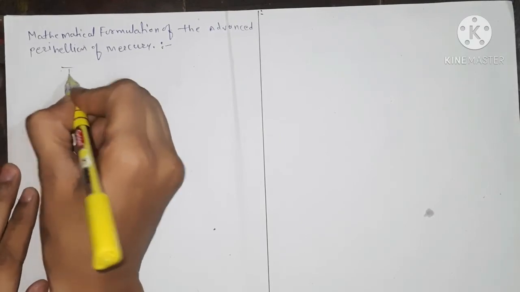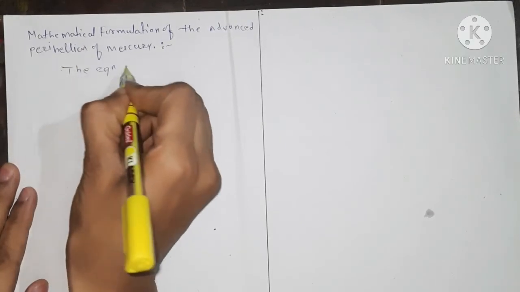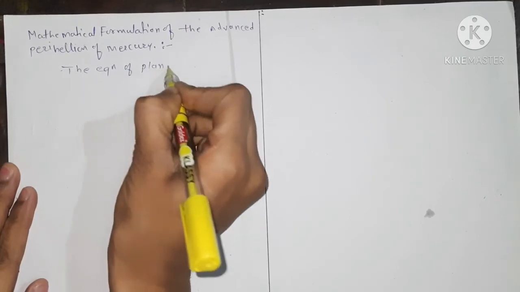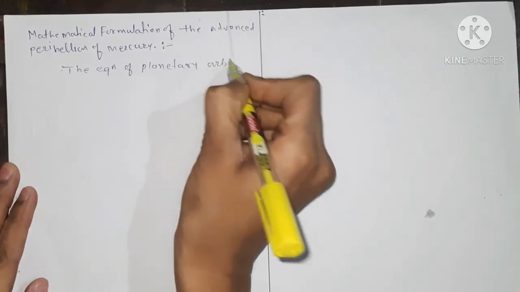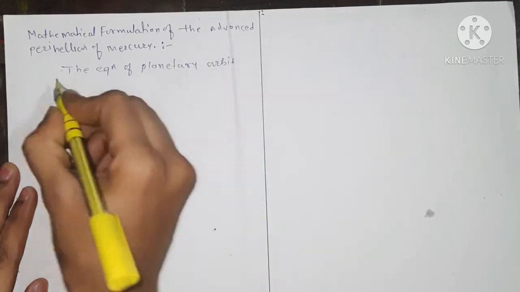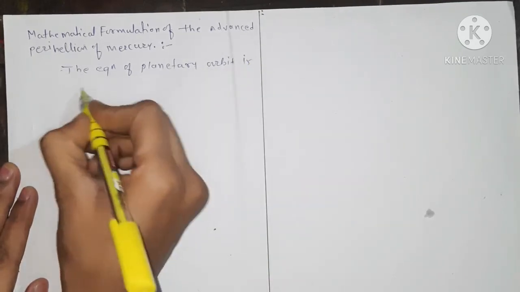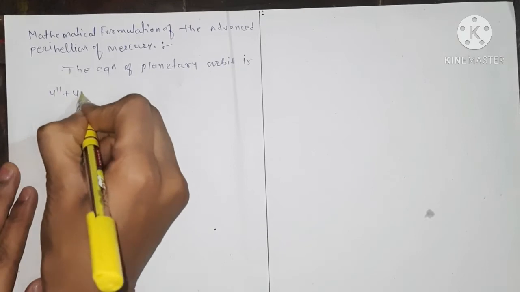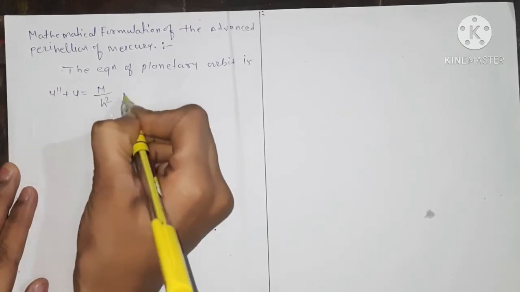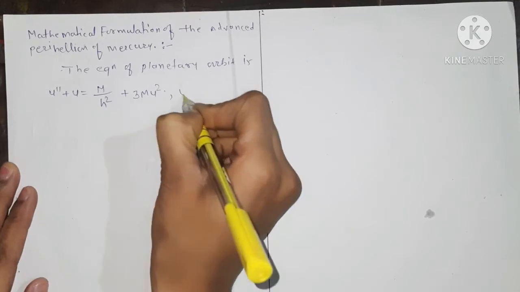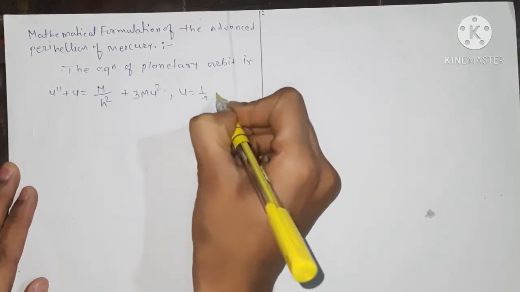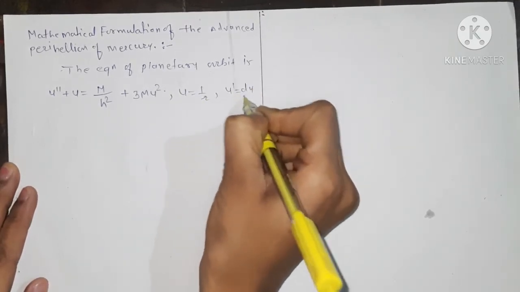So we consider firstly the equation of planetary orbit. The equation of planetary orbit is u double dash plus u equals m upon h square plus 3mu square, where u equals 1 upon r, and u dash equals du upon d phi.